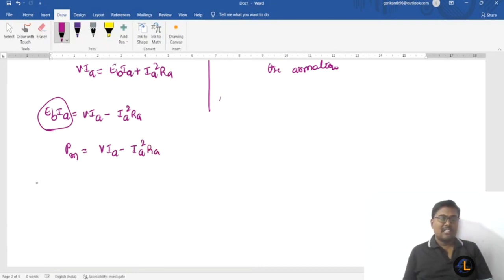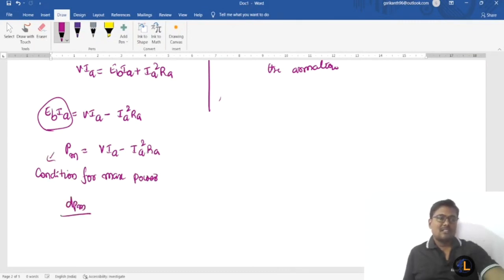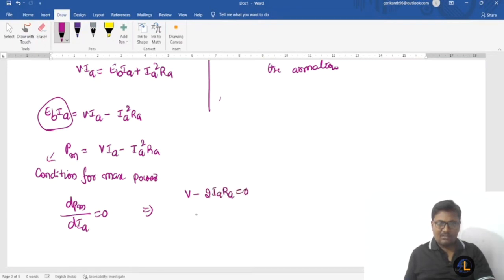In order to get the maximum power, the condition for maximum power is to differentiate this Pm with respect to the variable. The supply voltage V is constant, RA is also constant, so dPm by dIA is equal to 0. Differentiation of V IA minus IA square RA gives V minus 2 IA RA equal to 0.